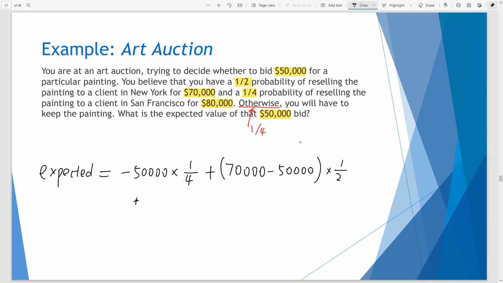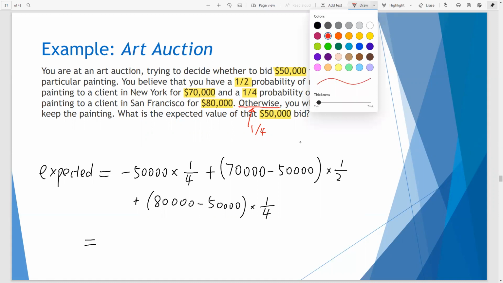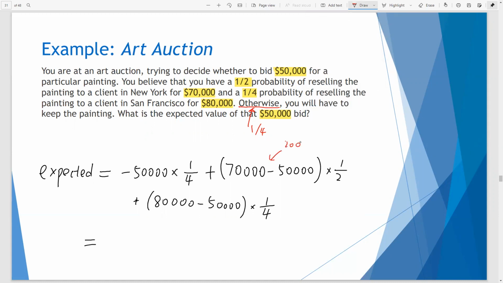And he has a 1/4 likelihood to sell the painting for $80,000, but he has already paid the $50,000 for the painting. So the net cash is $30,000. The first one is a net cash of $20,000, and this one is a net cash of $30,000.